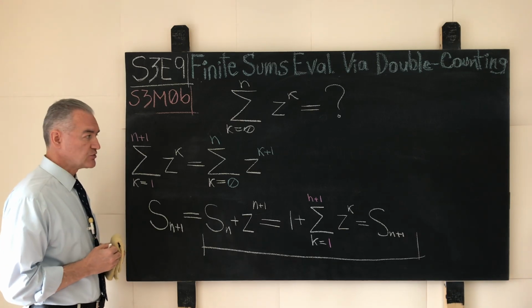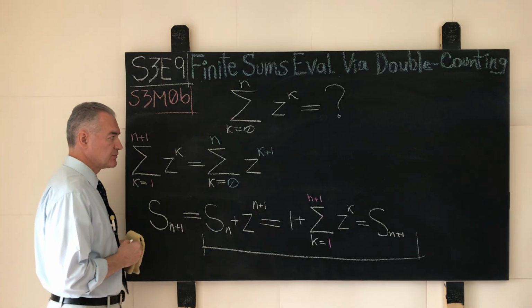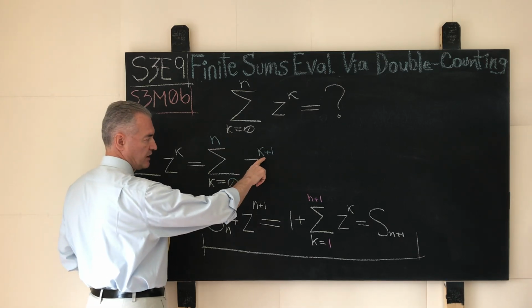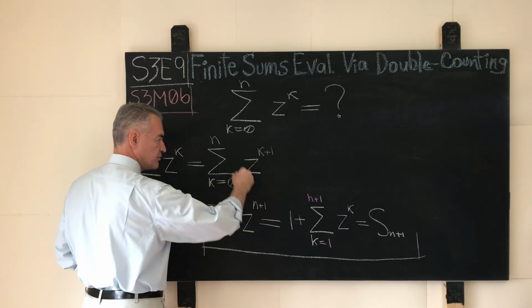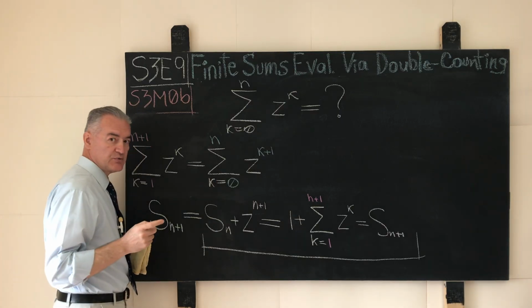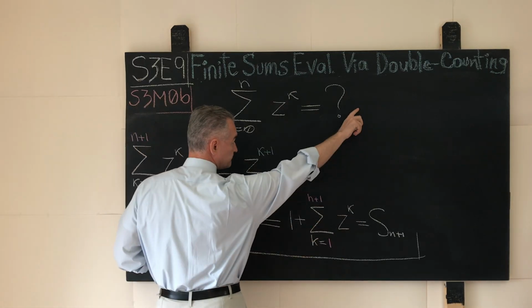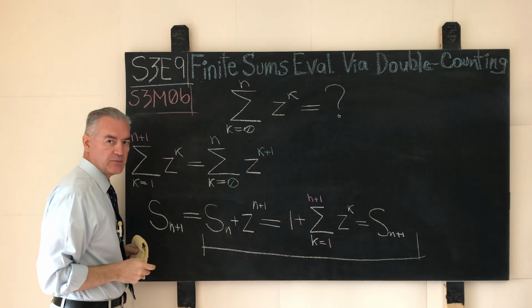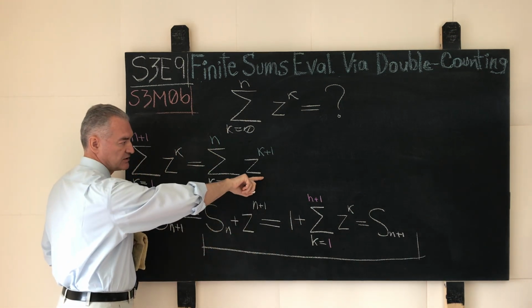And once we do that re-indexing, we will obtain the term that has the following shape: z raised to the power k plus 1. And this is precisely, remember from the previous segment, the function phi of a sub k plus 1. This is precisely this guy.